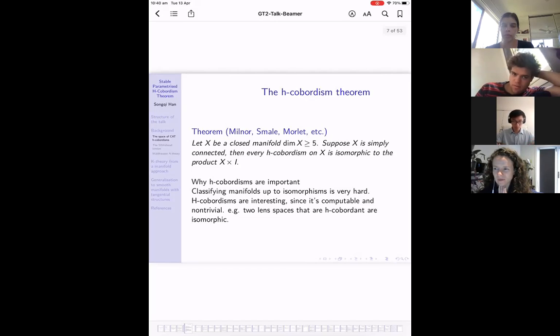There are a lot of classifications, but h-cobordism is only one of them. And in some cases, it is actually as good as what we want. For example, if two lens spaces are h-cobordant, then they are actually isomorphic, which means if we restrict to only lens spaces, then classification up to h-cobordism is the same as classification up to diffeomorphism.